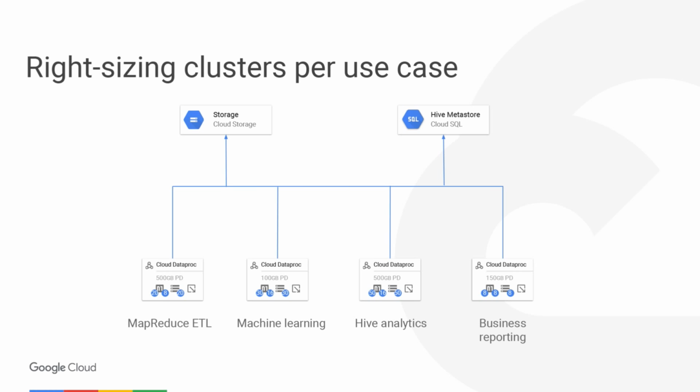So with Cloud Dataproc, you can create clusters that are specifically sized and scoped for the work that you have to do. So you can have a cluster that is specifically created just to run your Hive workloads. You could have a cluster that is specific to just running ML workloads. This ultimately ensures that you have really good controls on how much you spend, how quickly things get done, and how your cluster looks and functions over time.